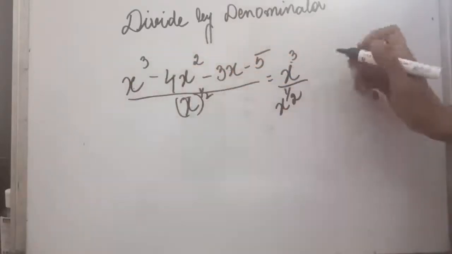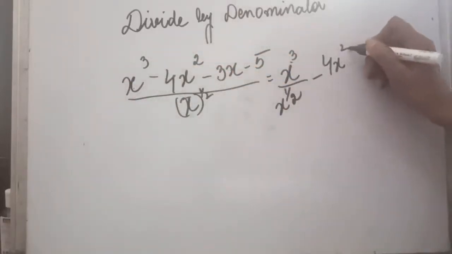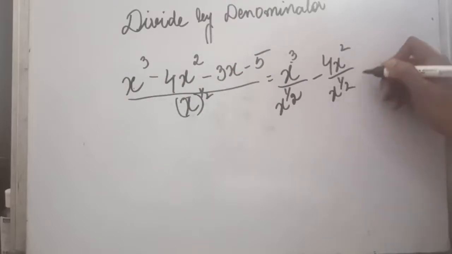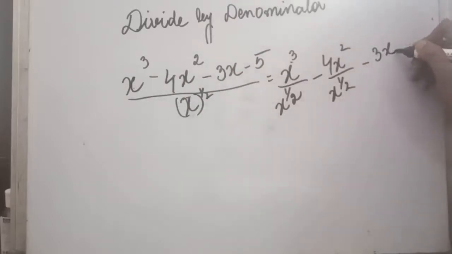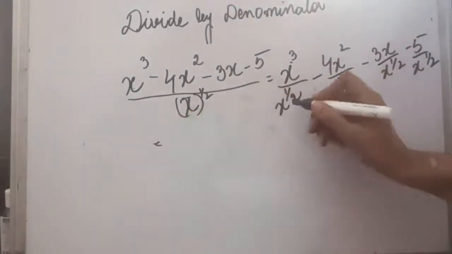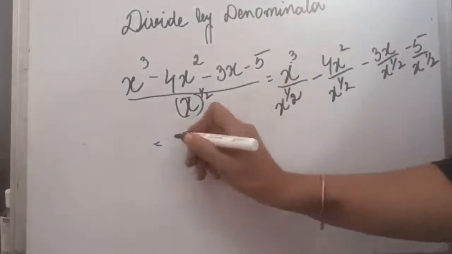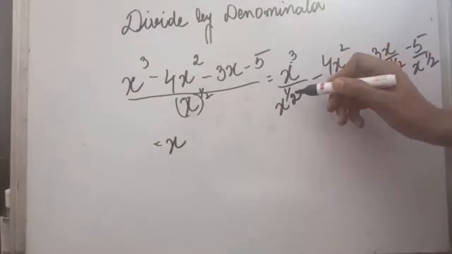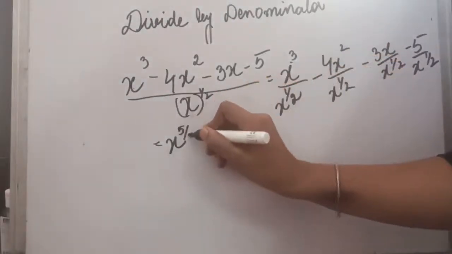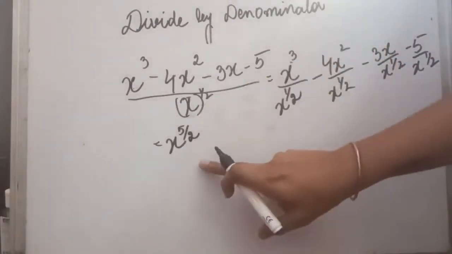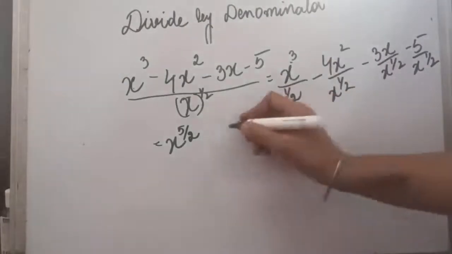First portion has been divided by this, minus 4x square divided by x half, minus 3x divided by x half and minus 5 divided by x half. So dividing this, bases are same because it is division, so powers will be subtracted. 3 minus half is 5 by 2. So first this portion has come out to be x power 5 by 2.